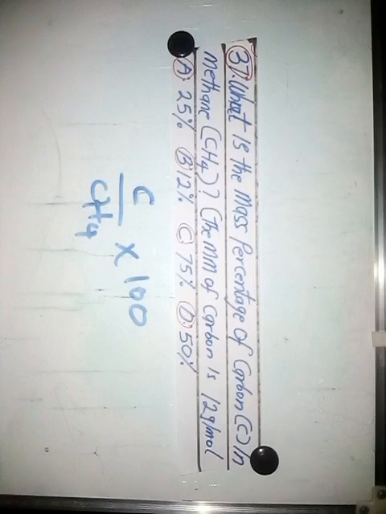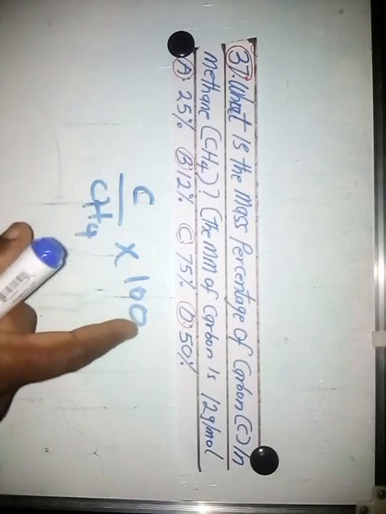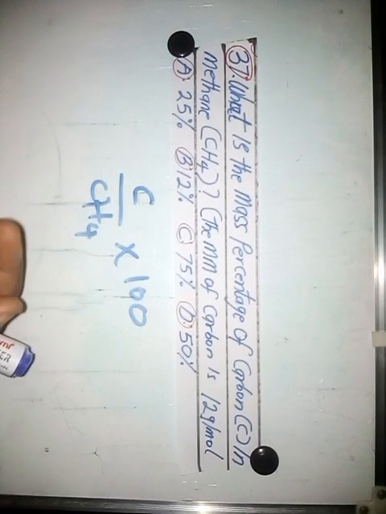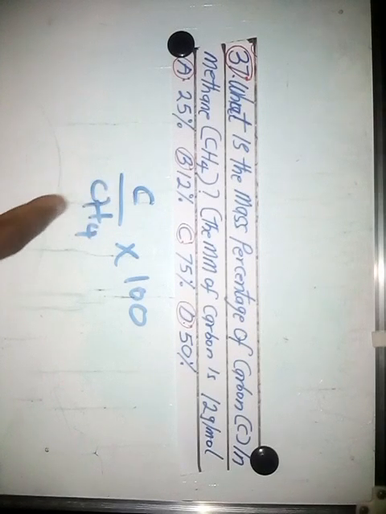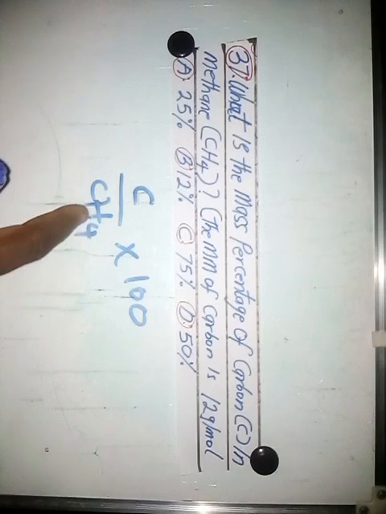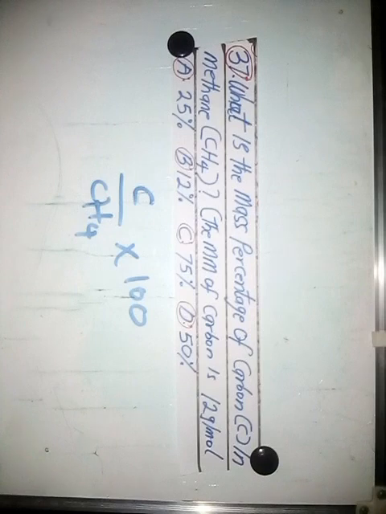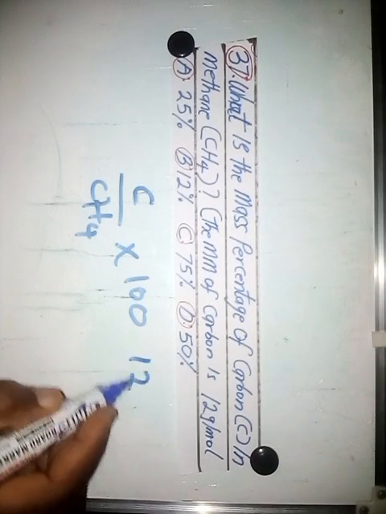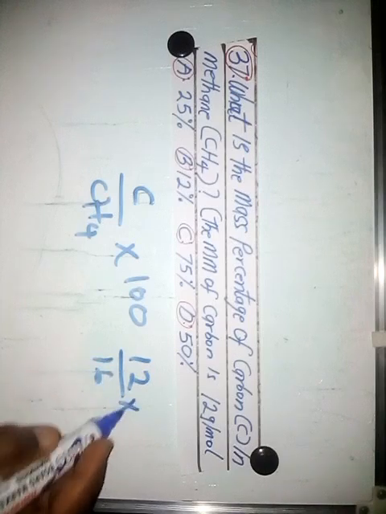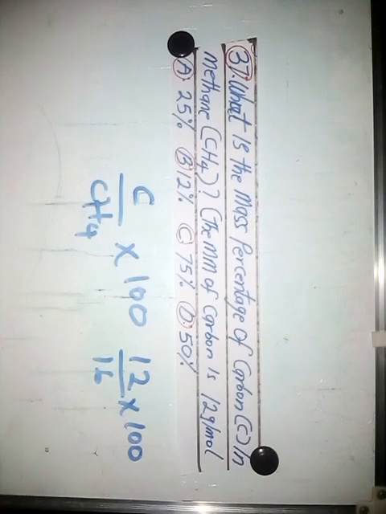That is, the molar mass of carbon is 12. So this is C over CH4 times 100 over 1. C is 12, right? So also we have to find the molar mass of methane. That is 12 plus 4 times 1, which is 4. Then 4 plus 12, that's 16. So we are saying 12 over 16 times 100.